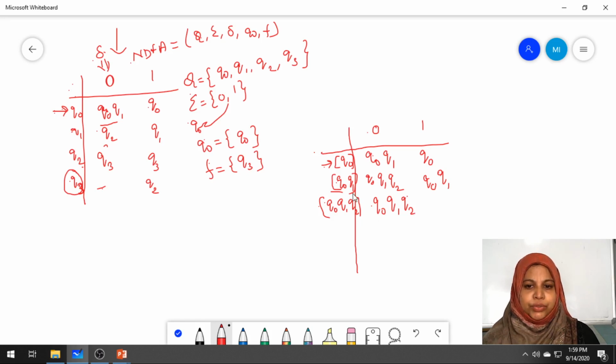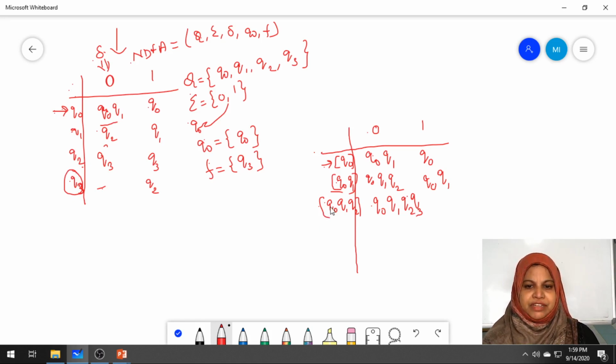Next, Q2 on 0 is Q3. Is there any Q3 here? No, so again we write Q3. Completed: Q0 on 0 is Q0, Q1, Q1 on 0 is Q2, Q2 on 0 is Q3.